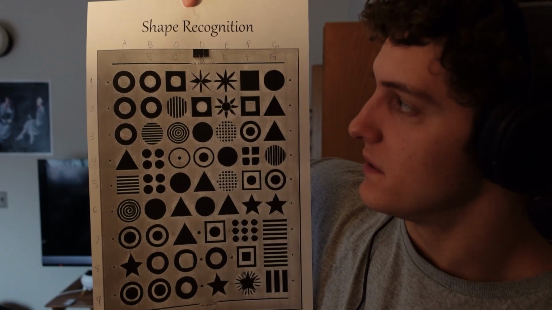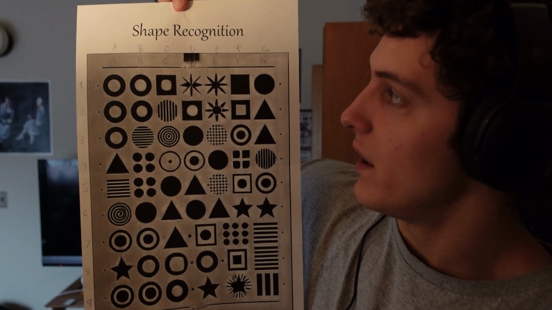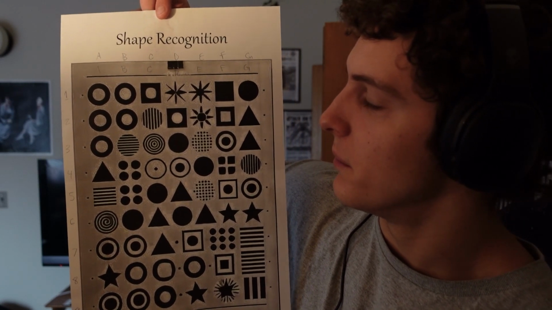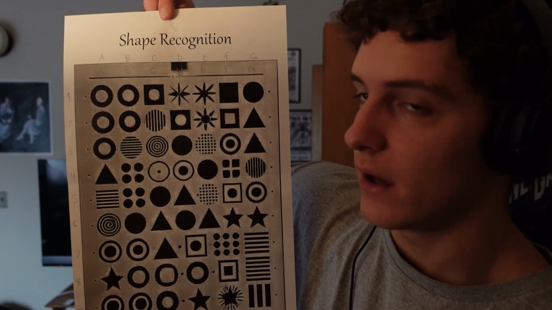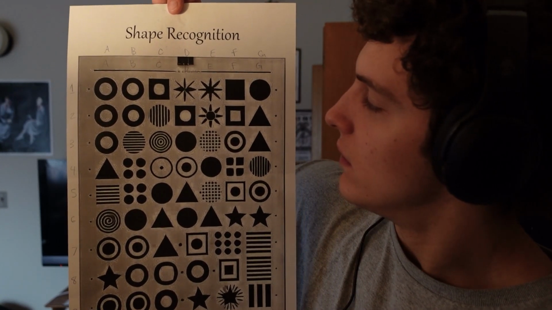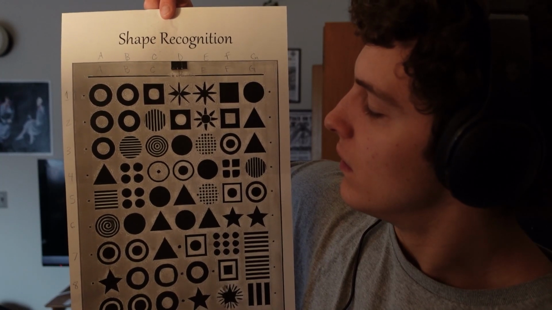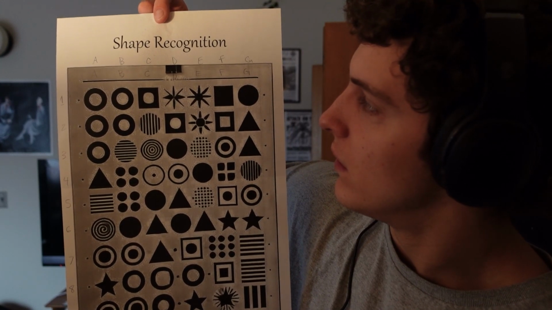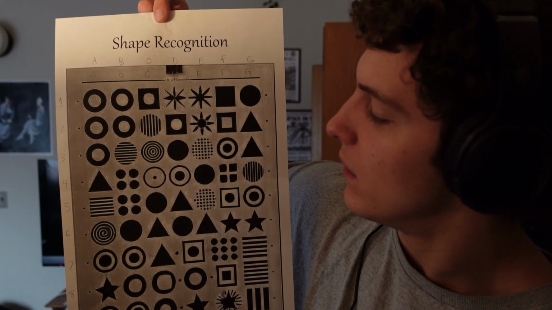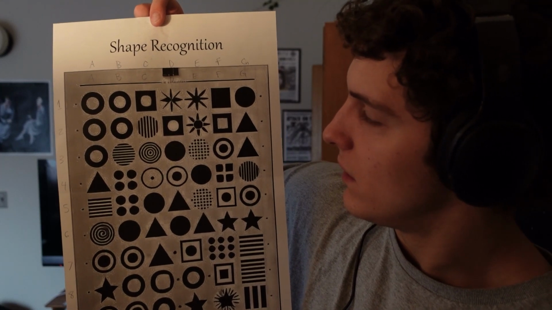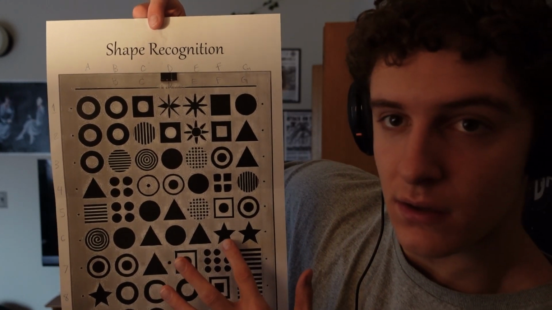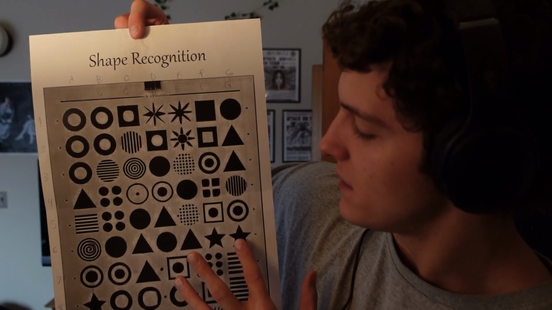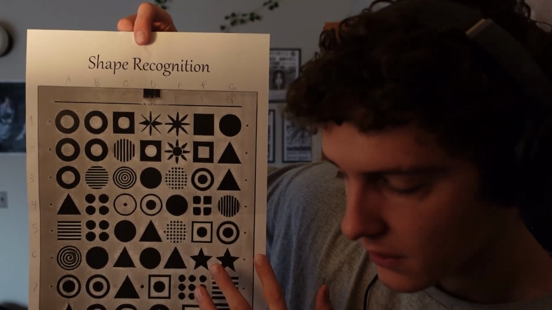Yeah, so that's D1 and E1, good. E2, yeah. Yeah, so that's F6 and G6, like a G6.